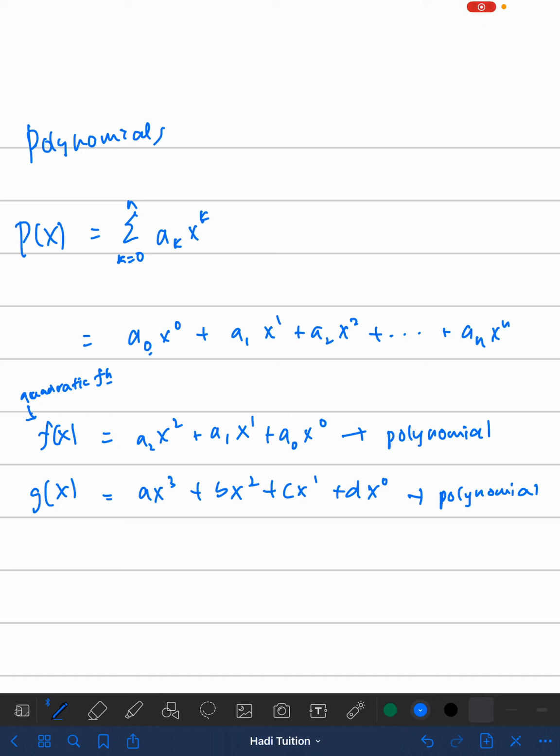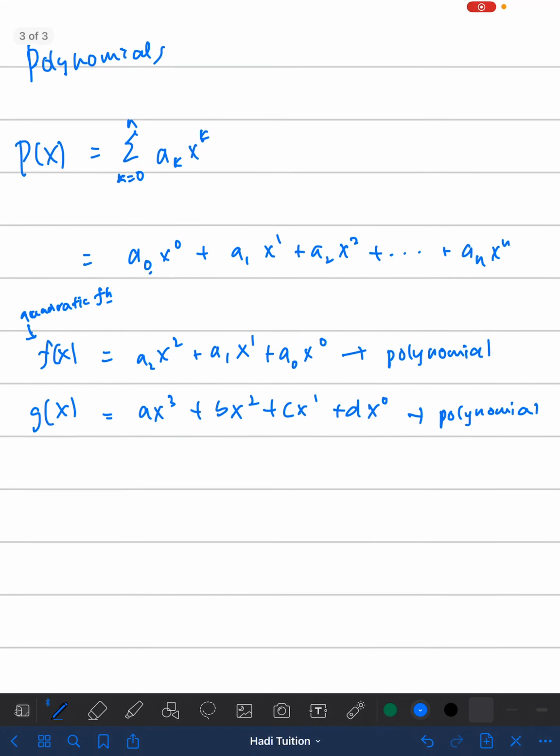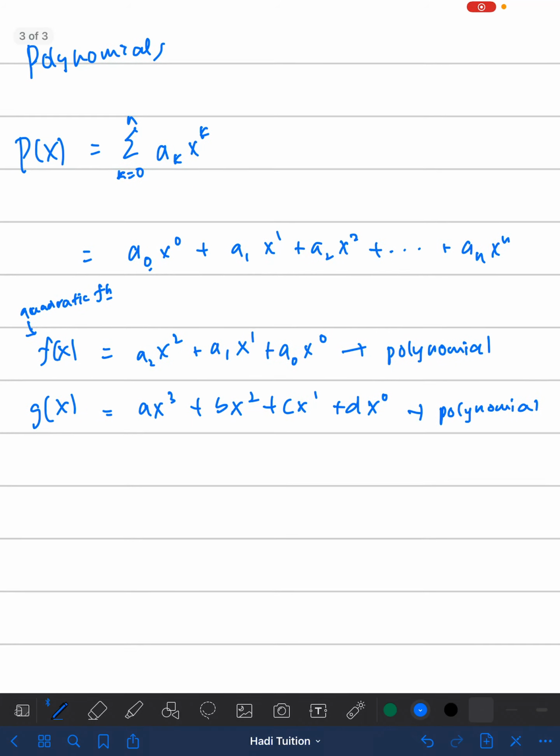This in fact is a polynomial. The cubic function also, ax^3 plus bx^2 plus cx^1 plus dx^0, is a polynomial.